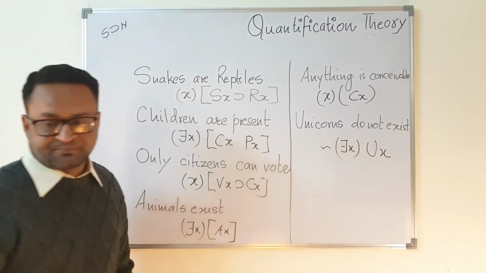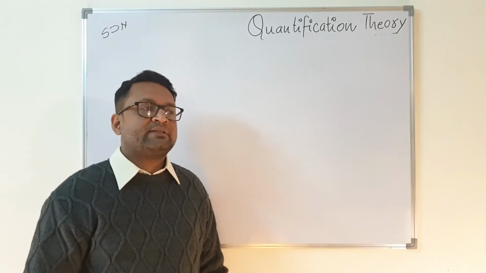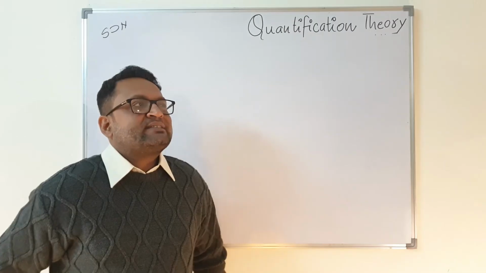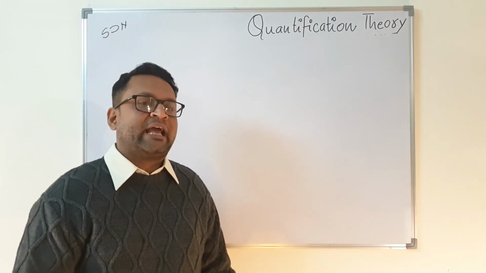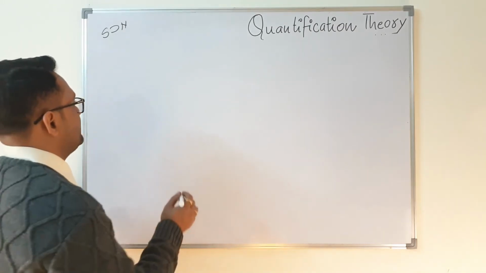Now let us take a few more examples which are also tricky by nature and which require a little bit of thinking before we can actually symbolize them. Let us talk about the first one.